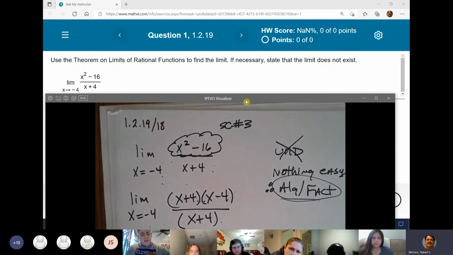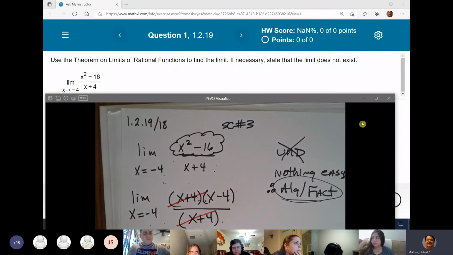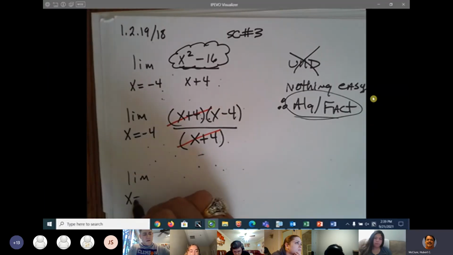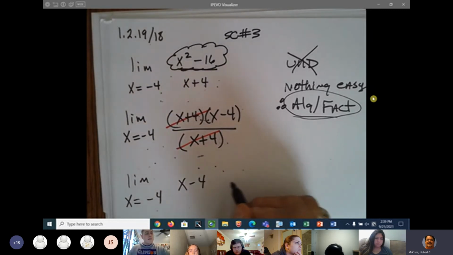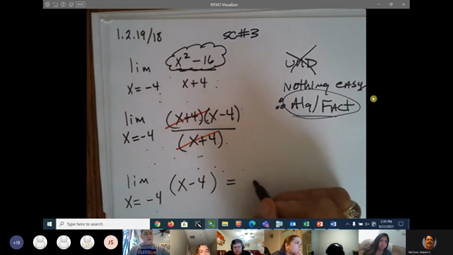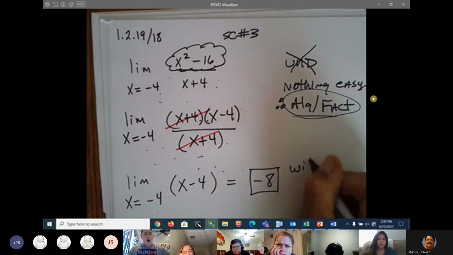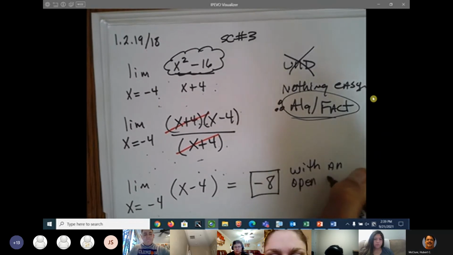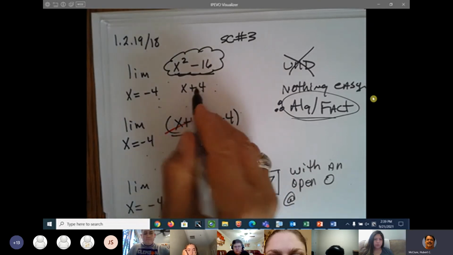And what happens to the x plus 4s? They cancel. So limit as x approaches -4 of x minus 4 is what? -8, with an open circle at what? At -4.